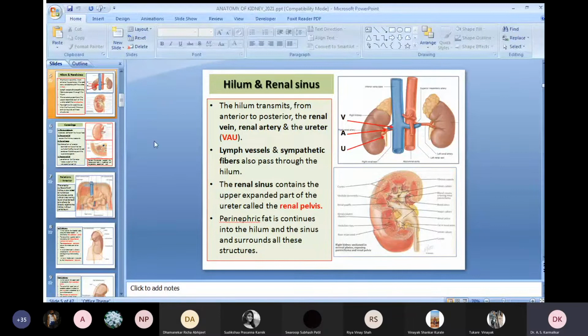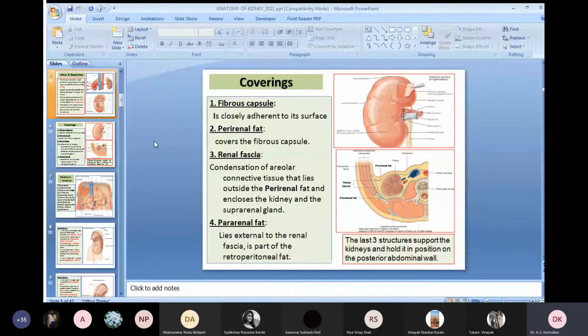Now coming to the coverings, there are different coverings of the kidney. In the first diagram, you can see one covering which is shown, which is just the fibrous covering. It is loosely adherent to the kidney. Just surrounding the kidney, it is the first layer, the fibrous capsule. Next, just outside that, there is fat, and this fat is called peri, that is surrounding the renal, that is the kidney.